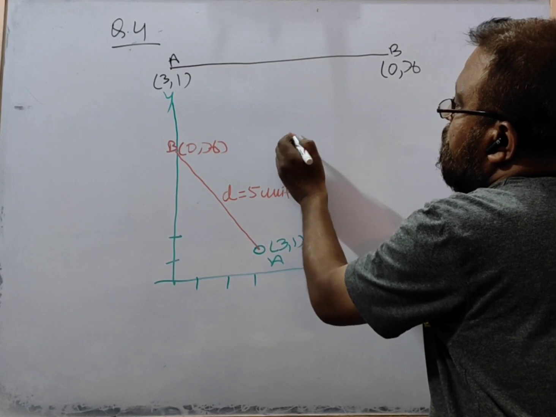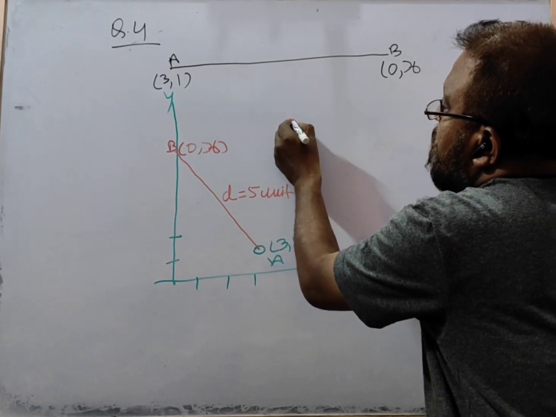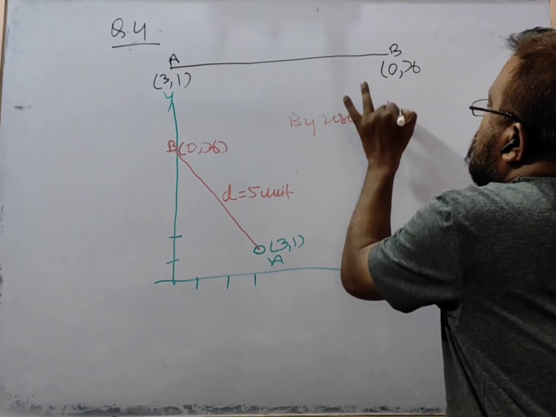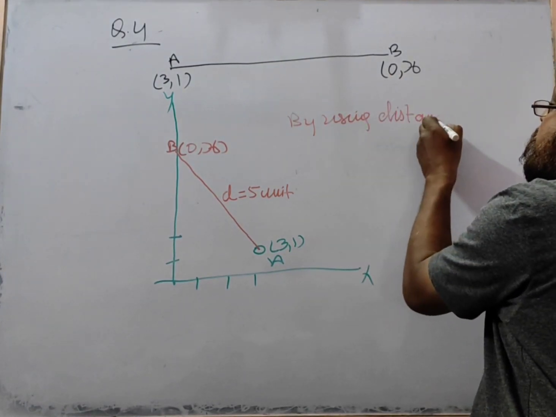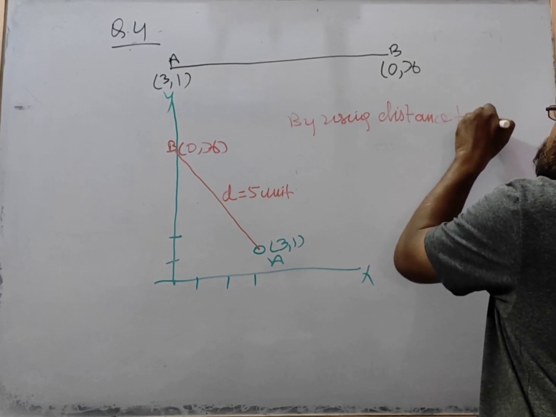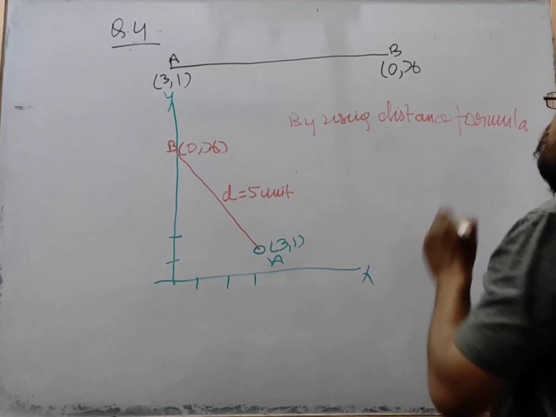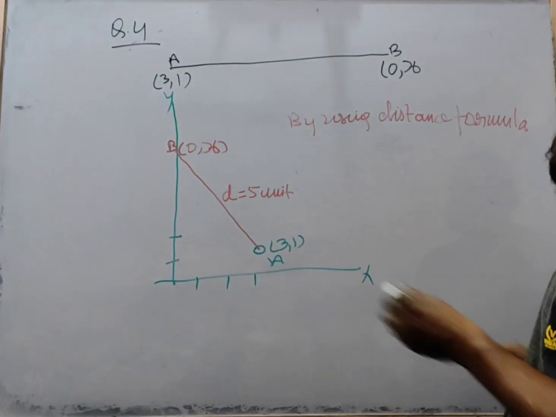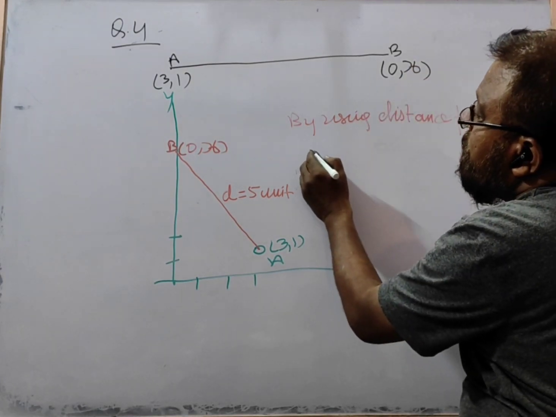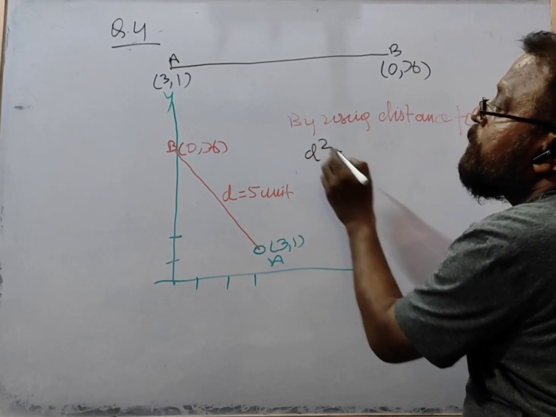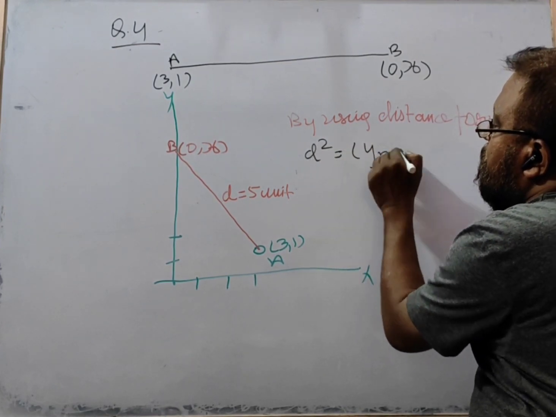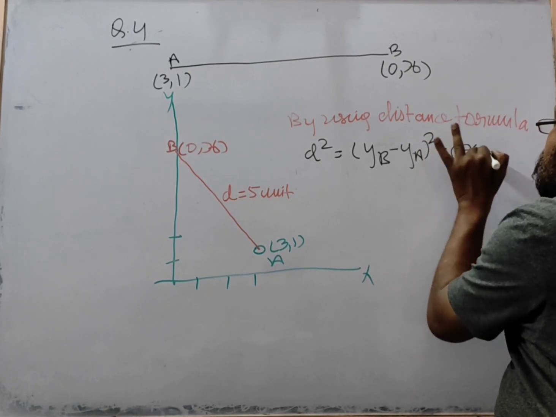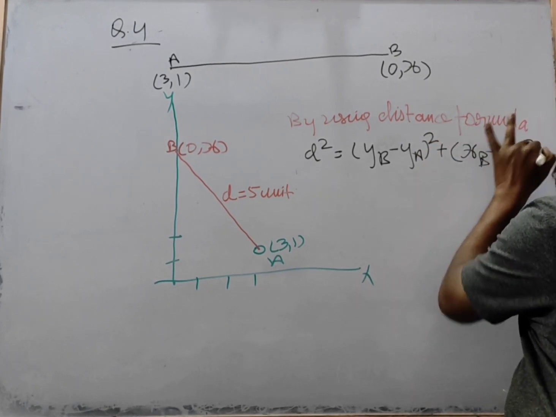So distance is 5 units. So by using the distance formula, d square is equal to yb minus ya whole square plus xb minus xa whole square, right?